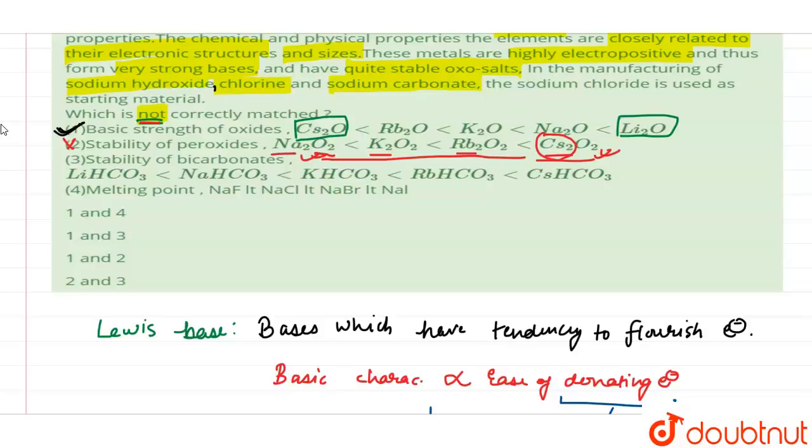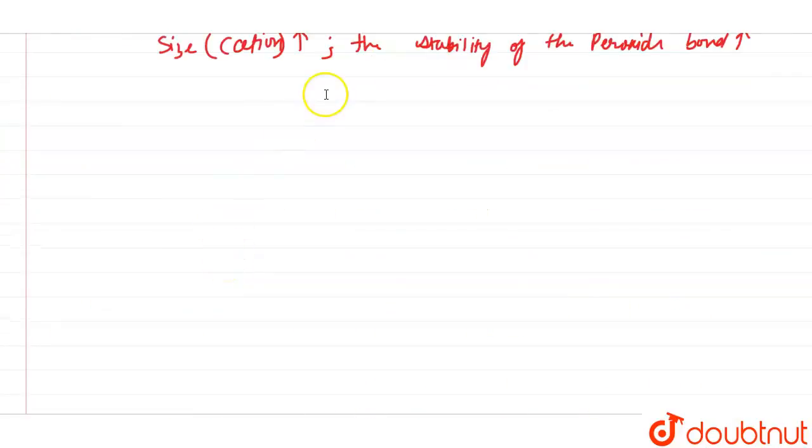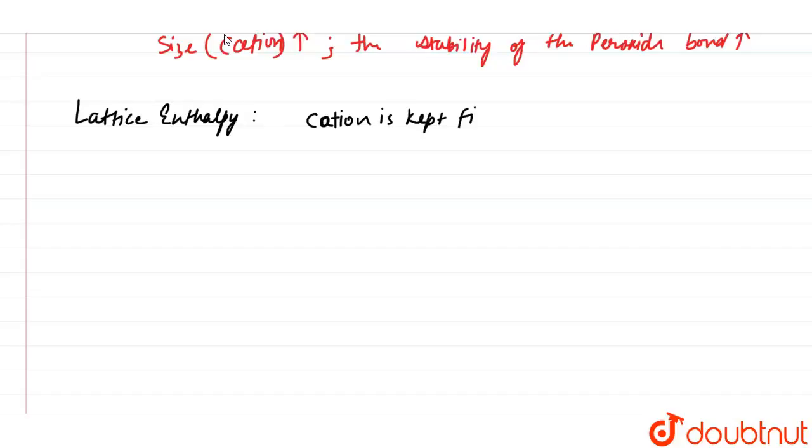A very important concept for lattice enthalpy, which will work for every question at JEE Mains or JEE Advanced level, is this: if the cation is kept fixed, then if the size of anion increases, lattice enthalpy decreases.